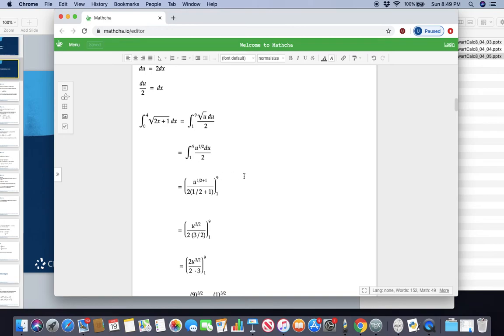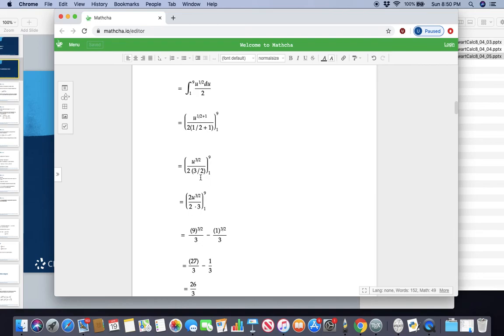This evaluation first minus this evaluation next. Let me simplify the object inside first. Half plus 1 is 3 halves. Division by a fraction is multiplication by the reciprocal. So 2 upstairs and 3 downstairs. This 2 continues to be this 2. They cancel. Once they cancel, all you are left with is u to the 3 halves over 3.